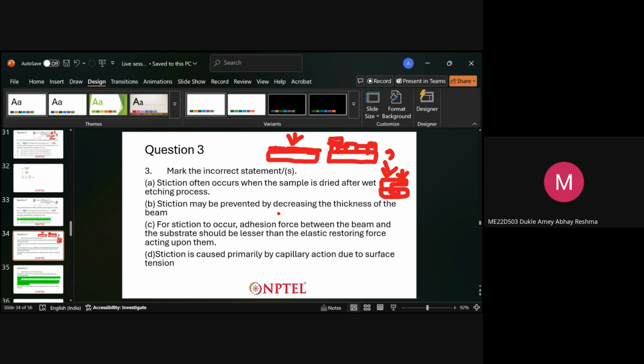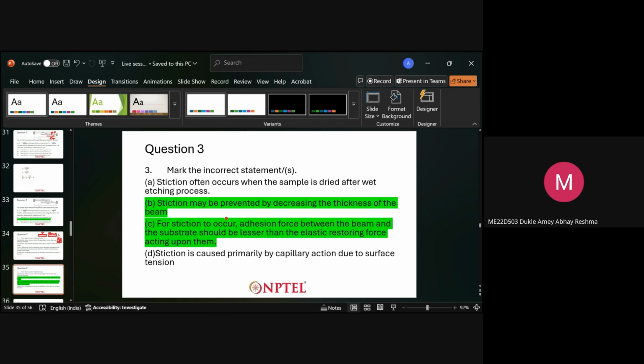Can you prevent it by decreasing the thickness of the beam? That is one of the questions you need to ask. The second is that the adhesion force between the beam and the substrate should be lesser than the elastic restoring force acting upon them. These are the questions you need to ask. So what do you think will be the answer?